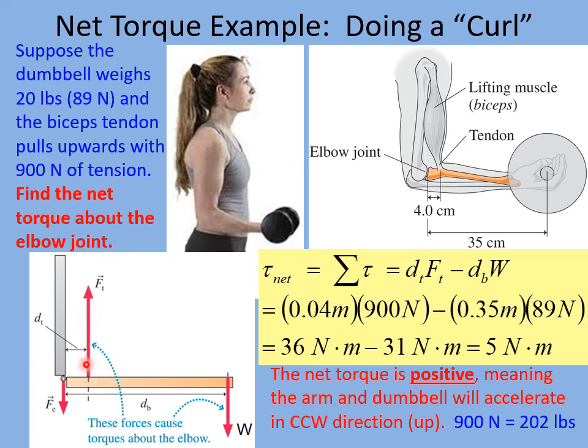It's 900 newtons. So for the net torque, remember, what we do is we add the torques together. This force here is causing the arm to rotate in a counterclockwise direction like this. This weight out here, the dumbbell, wants to make the arm fall down, and that is a rotation around the elbow in a clockwise direction.